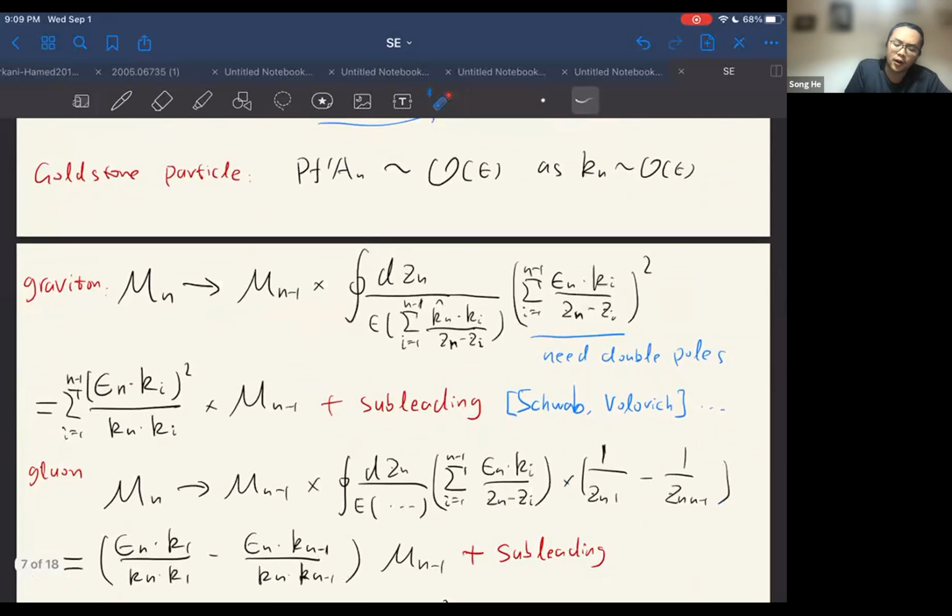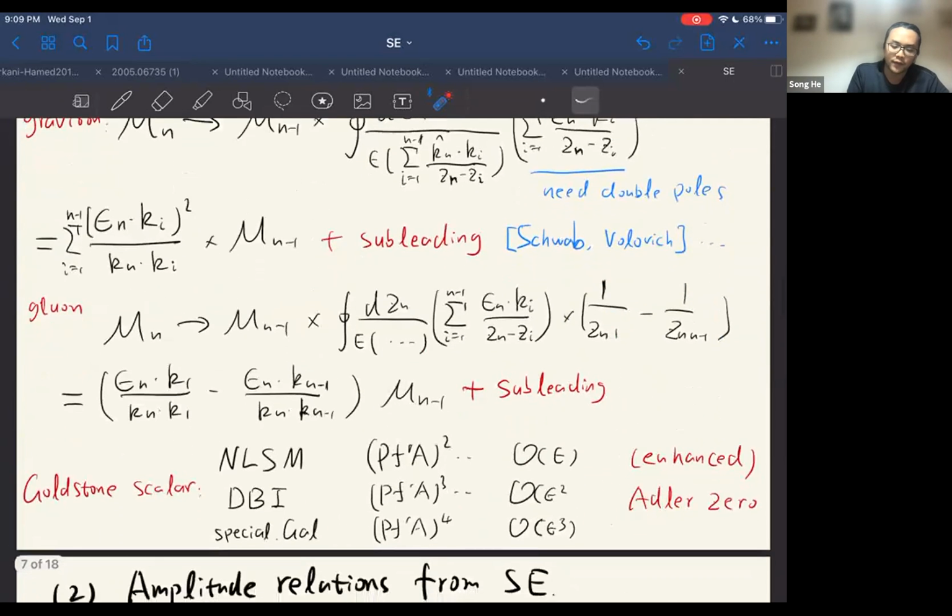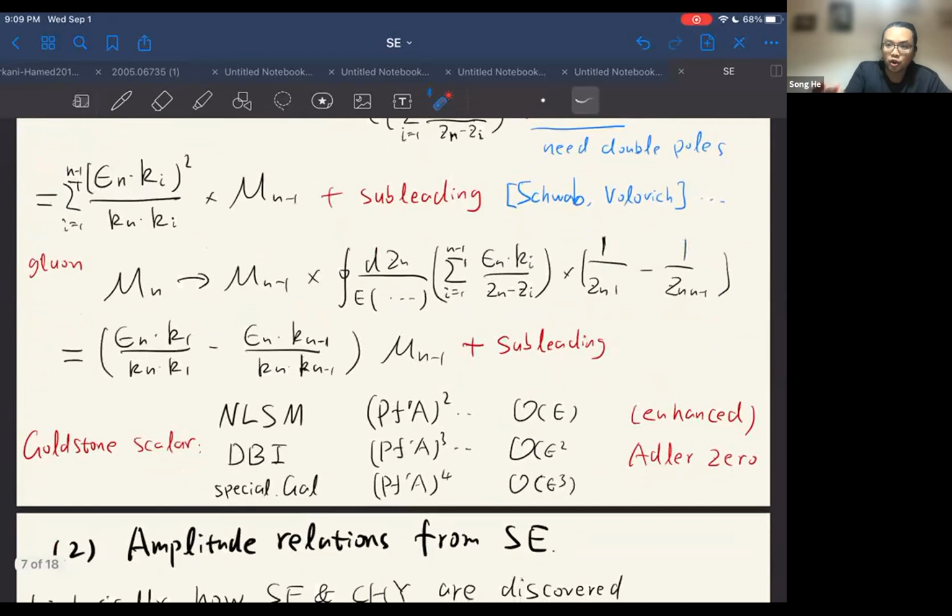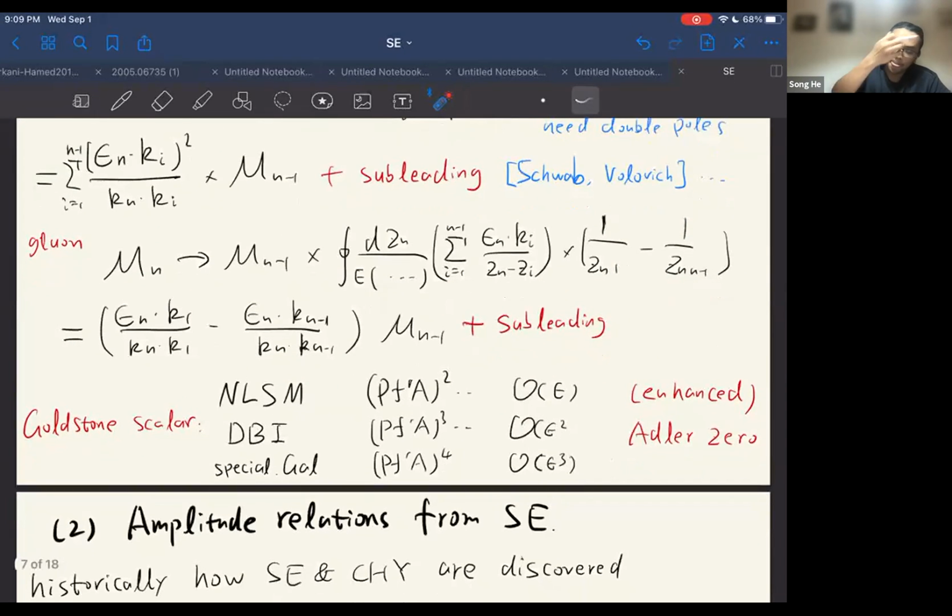And you can do a similar but more complicated argument by expanding to next order to get even subleading soft theorems from this formula. But I just want to show you how simple it is to get the leading order at least. And for gluons, the only difference is that you have one Pfaffian type soft factor on the worldsheet and this guy. So now you pick out the adjacent legs to give you this gluon soft factor.